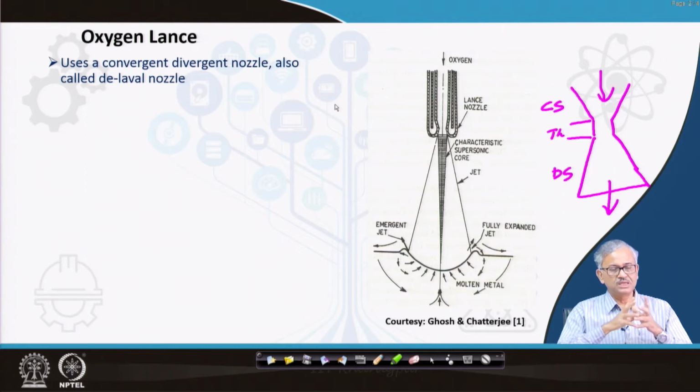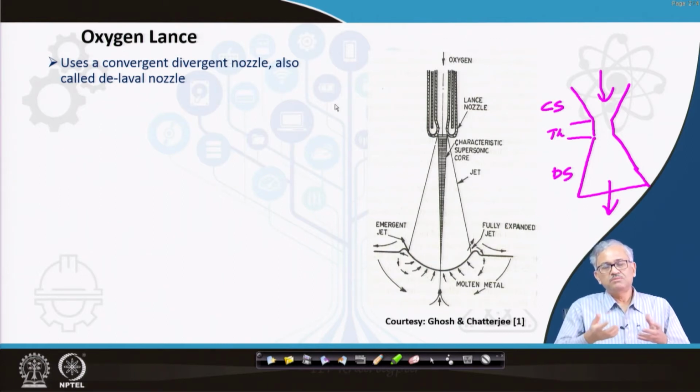What happens in the case of the cylindrical nozzle is that if you push the gas at a very high speed, you have to give a very high pressure at the upstream point, and when the gas comes out, it also comes out at a very high pressure. So from a cylindrical nozzle, the gas is expected to come out at a very large pressure.